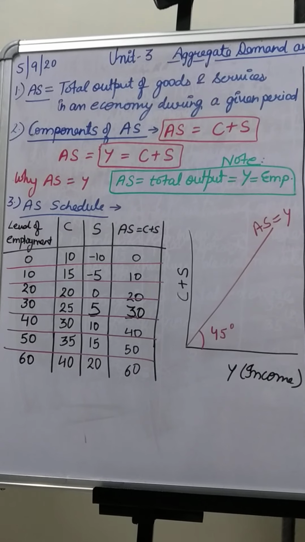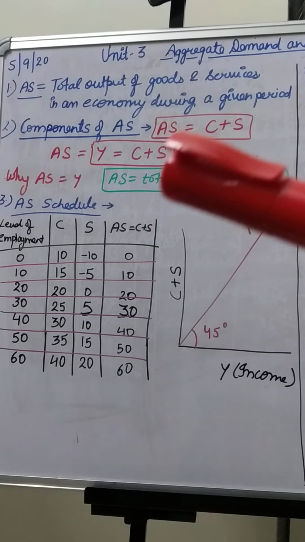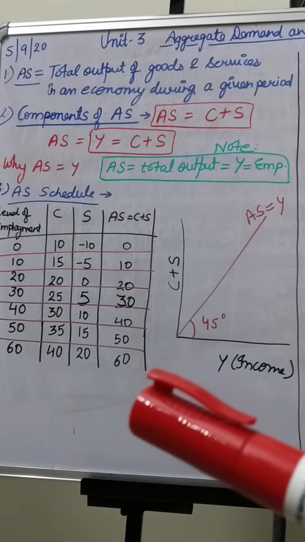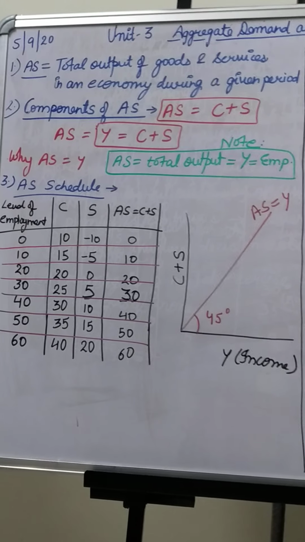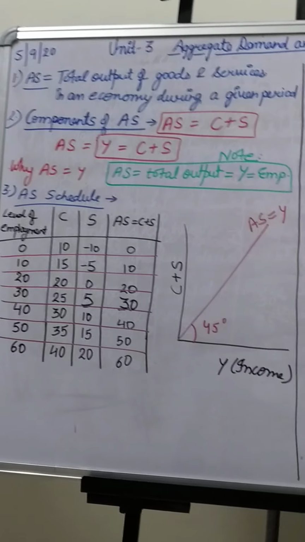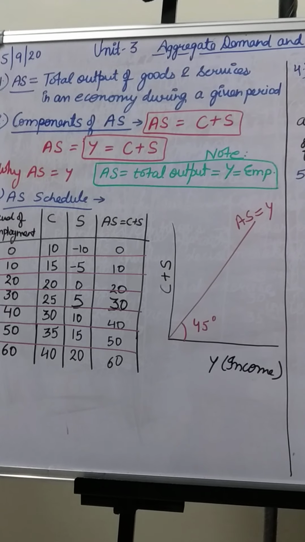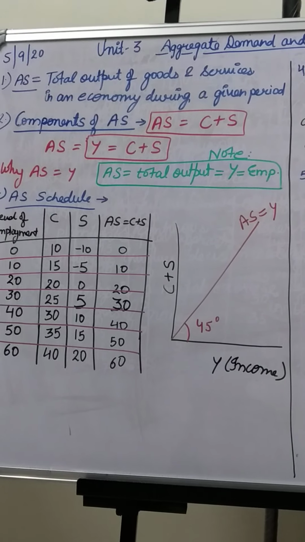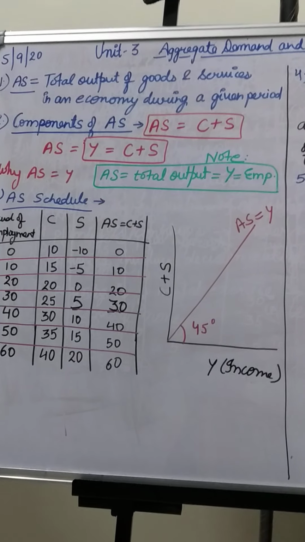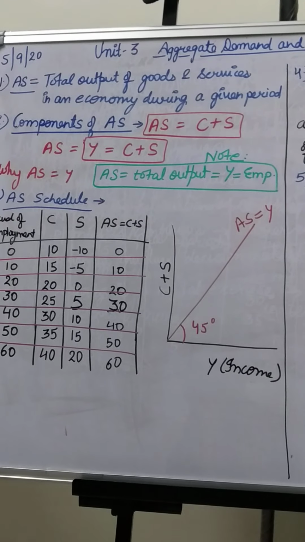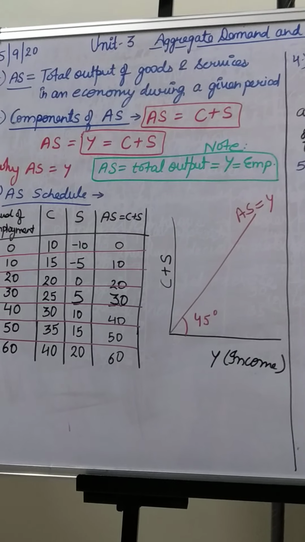Slowly as the level of employment increases, aggregate supply increases. That's why the aggregate supply line goes upward, and the aggregate supply curve is a 45-degree positively sloped line, and every point on it is equidistant from the x-axis and the y-axis.